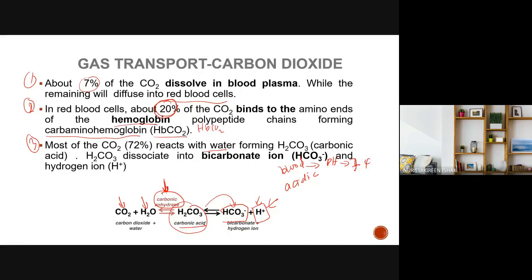So to prevent your blood from being acidic daripada reaction ni tadi, okay, another function of a hemoglobin, apart from it binds to the carbon dioxide, it also binds to the hydrogen ion from this reaction. So this will prevent your blood from becoming acidic from this reaction.